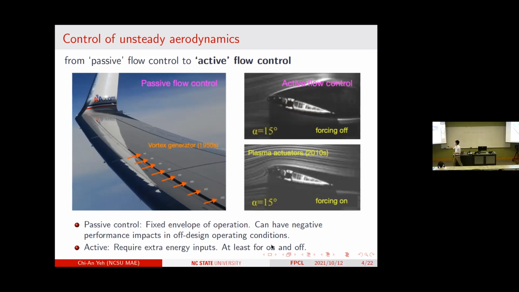And there's also an active control example here. People are using plasma to help suppress the flow separation. So with the active flow control on, you have forcing on, you have the flow attached, right? This is the stall state. You don't want it. Your airplane or whatever your air vehicle, that's really a state of lost control. You don't want it to happen.